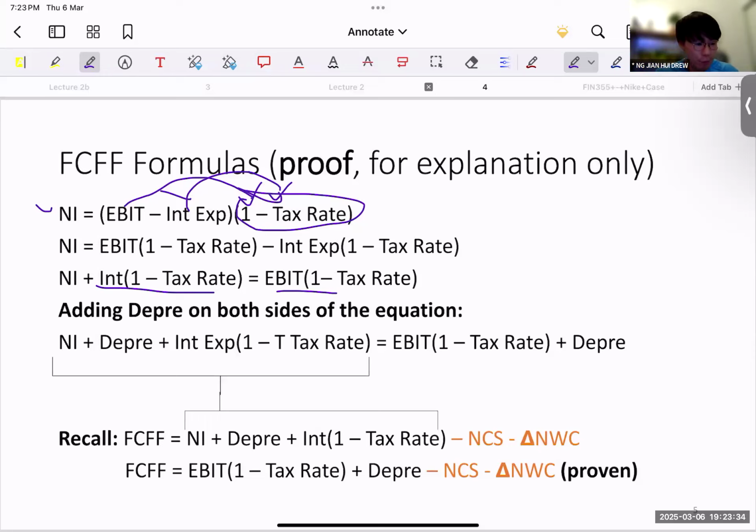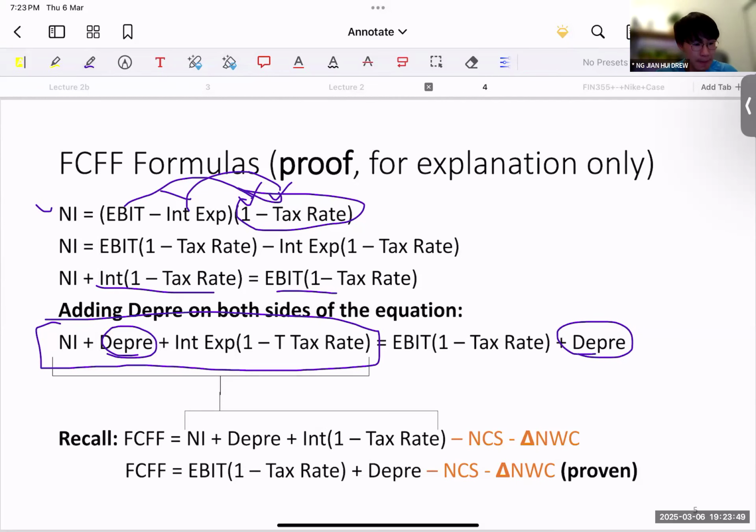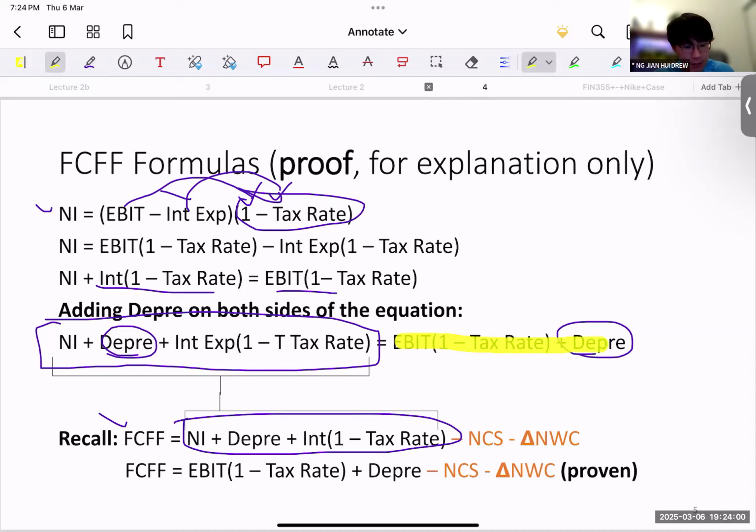Then we add depreciation on both sides. By doing so, we have gotten this formula, which is the first formulation of FCFF. So we have proven how your net income formulation of FCFF can be given by your EBIT formulation of FCFF.